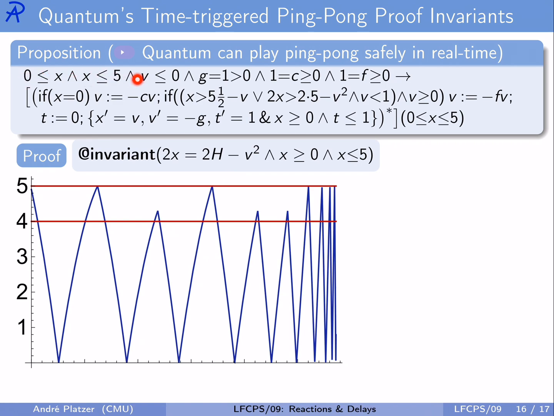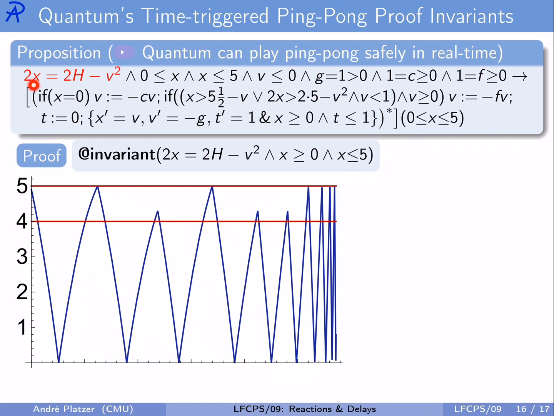We don't actually have any assumptions about capital H. But that's okay, because all we need to do is add this into initial assumptions, like literally, without even saying that x equals the initial height. We merely say that 2 times x equals 2h minus v squared, which is one legitimate assumption right from the get-go, which indirectly links the position and the velocity of the bouncing ball by way of, essentially, when you think of its entire potential energy combined, taking into account the kinetic energy it already has from the current velocity.